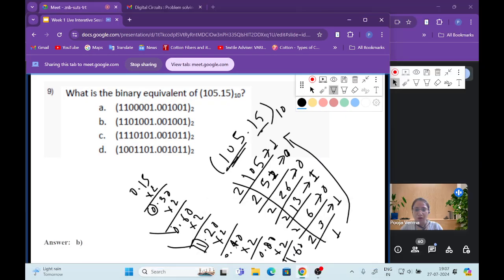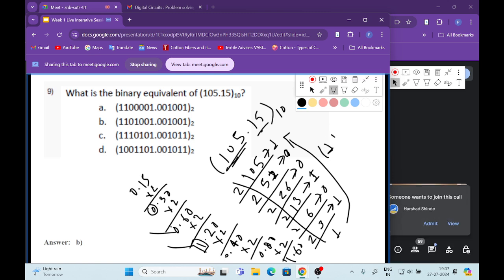Okay, so now write it. For the integer part, what you have got? 1 1 0 1 0 0 1, right? It is for the integer part, the binary representation of 105.